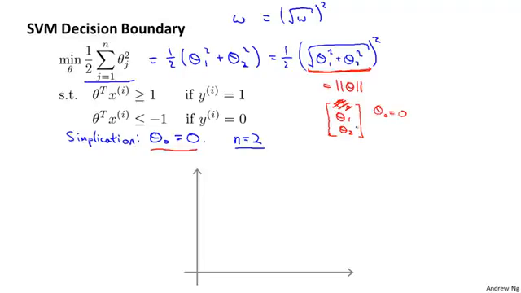But the math works out either way, whether we include theta 0 here or not. So it's not going to matter for the rest of our derivation. And so finally, this means that my optimization objective is equal to 1/2 of the norm of theta squared. So all the support vector machine is doing in the optimization objective is minimizing the squared norm, or the squared length, of the parameter vector theta.